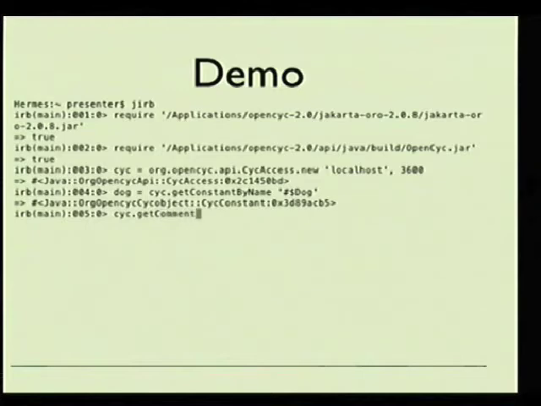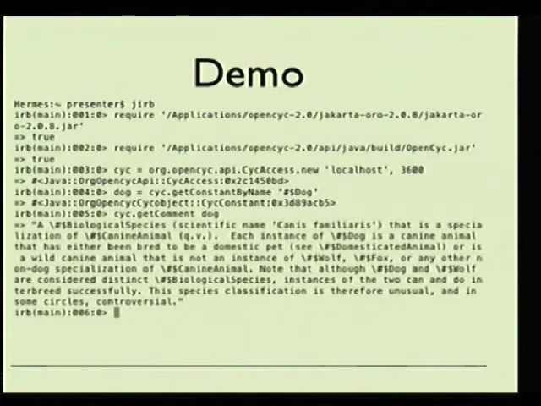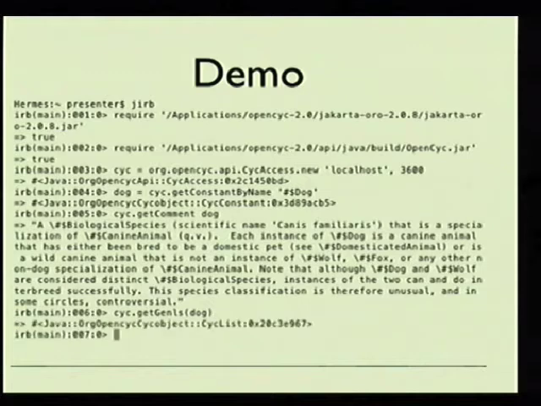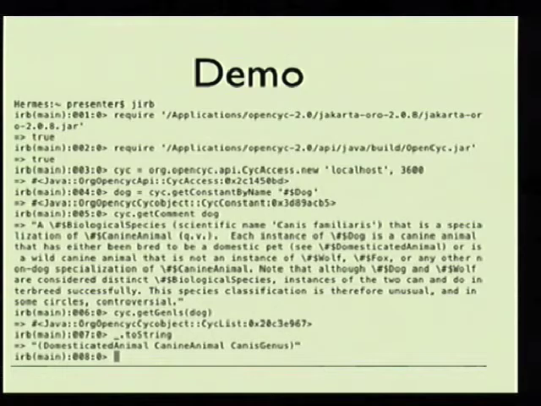I'll do that, and now what's the comment on dog? Okay. Get generals, that is what psych is. Dog is the collection of dogs. So generals is the collection of collections that it is a subset of, right? So it's an immediate subset of domesticated animal, canine animal, and canis genus.